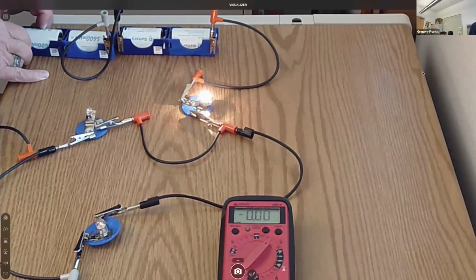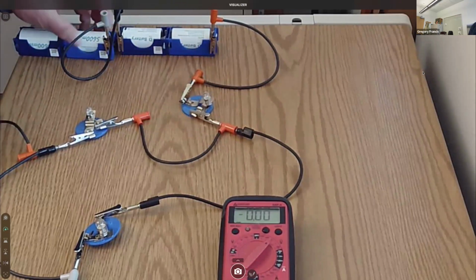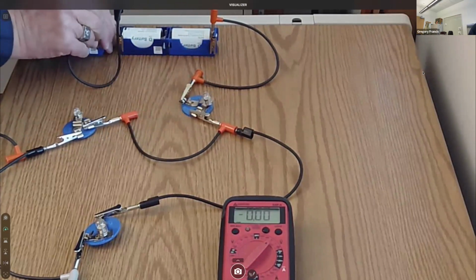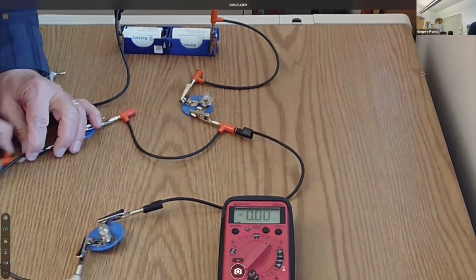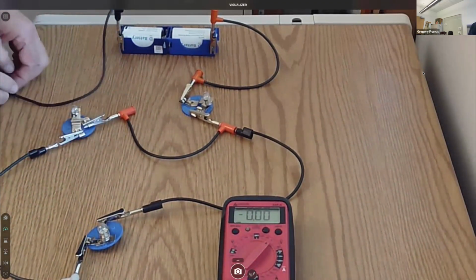It may pop at any moment here. So let me go back to just 1 battery pack so that we can make our measurements.